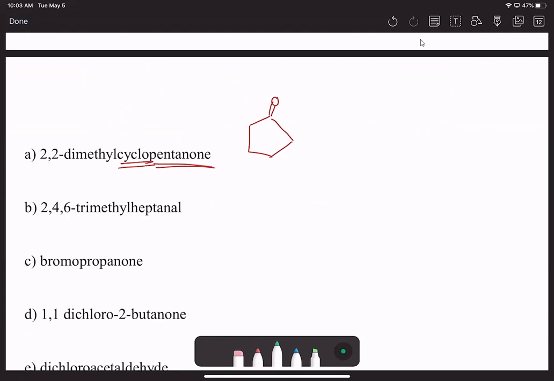So wherever in a ring structure, we already know this is carbon number 1 in my ring structure where that functional group is at. And on carbon number 2, I have my 2,2-dimethyl.